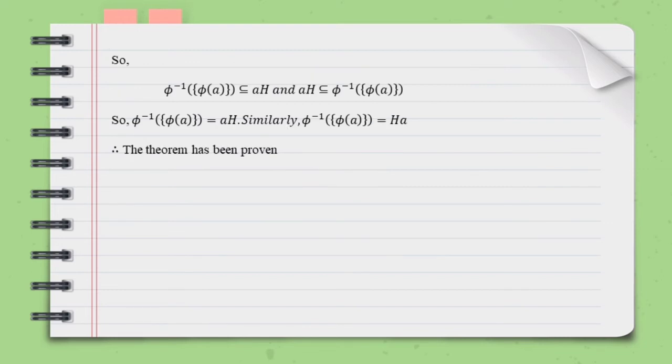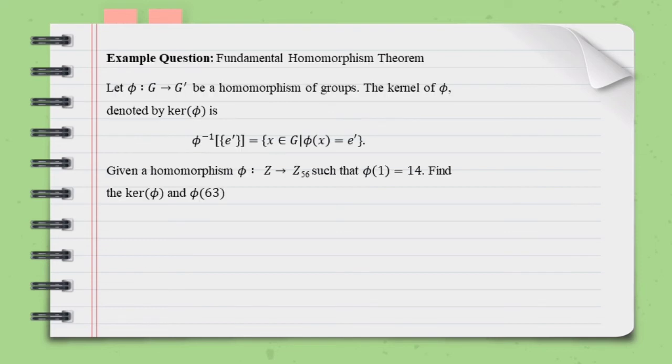So phi inverse of phi(a) is a subset of aH, and aH is a subset of phi inverse of phi(a). So phi inverse of phi(a) equals aH. Similarly, phi inverse of phi(a) equals Ha. So the theorem has been proved.